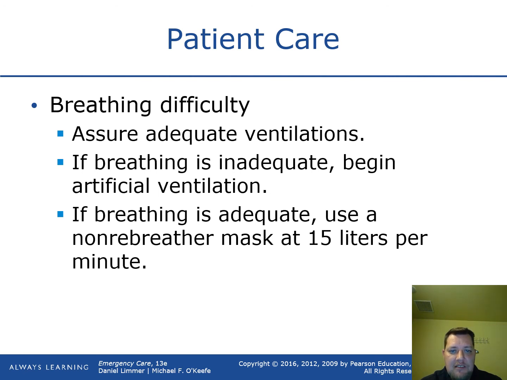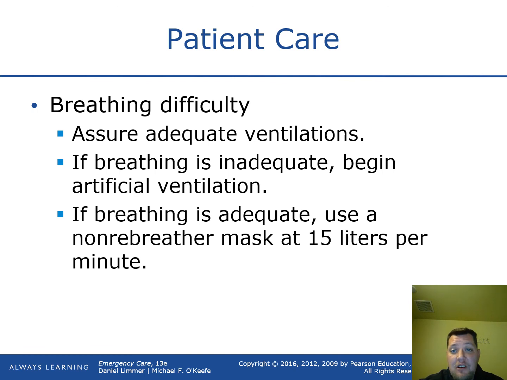Okay, so for patient care with difficulty breathing, we're going to make sure that we have adequate ventilations. If breathing is inadequate, then we're going to start with artificial ventilation. And if the breathing is adequate, we're just going to place them on a non-rebreather mask or a nasal cannula.